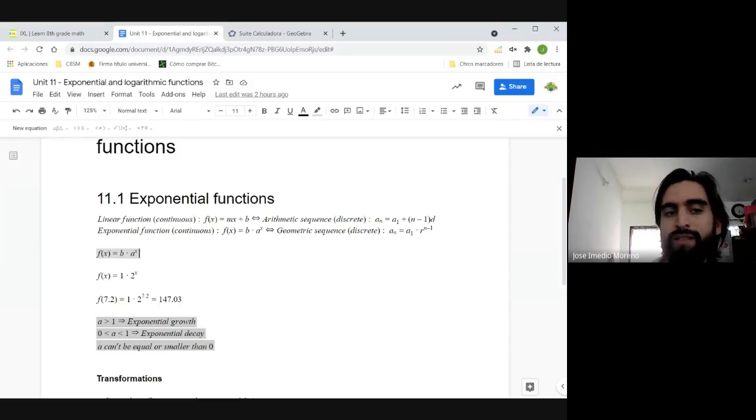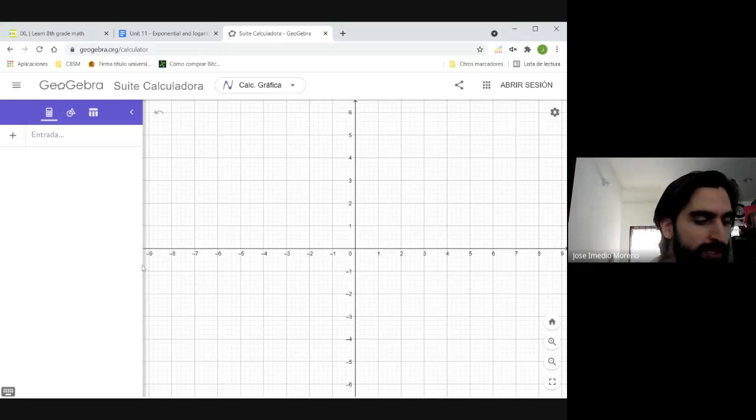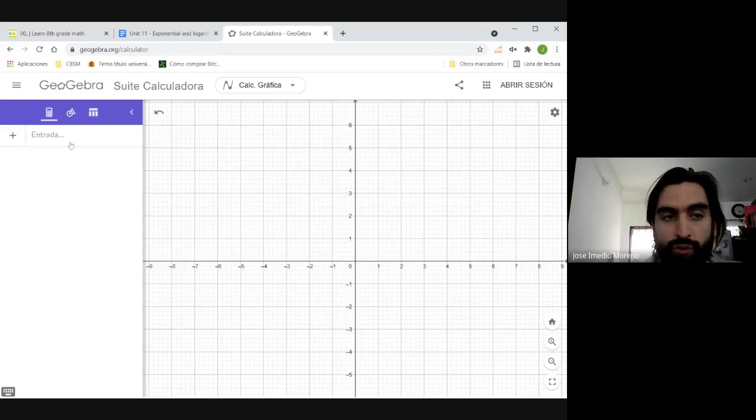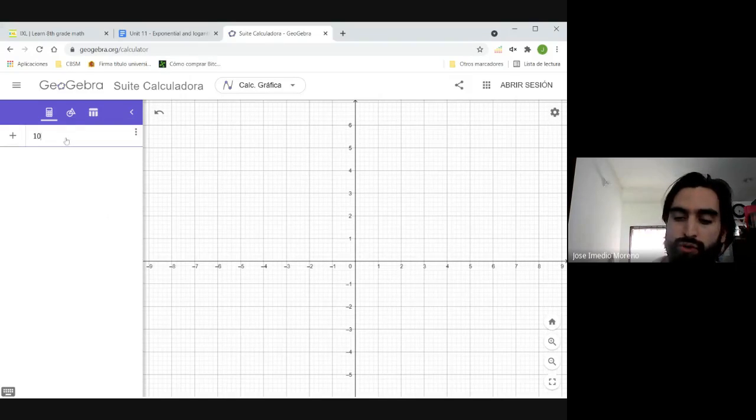Okay, so let's see what's the meaning of these letters or variables or terms, let's say. Very similar to geometric sequences, okay?